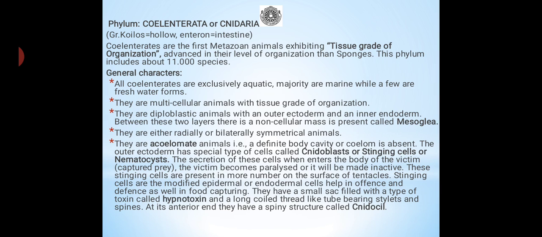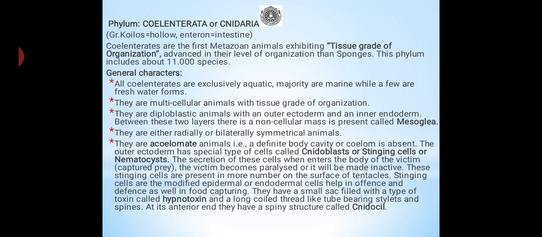As I told you already in the introductory part, they are the first group of animals which exhibit tissue grade of organization. If you can recall the previous phylum, Porifera, though they are multicellular animals, they exhibit cellular grade of body organization.